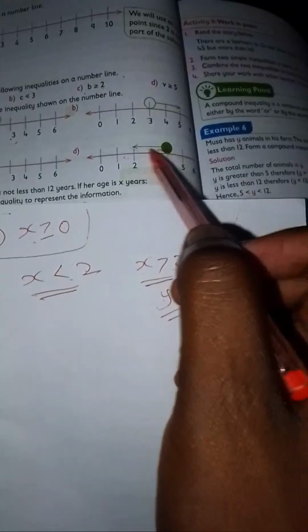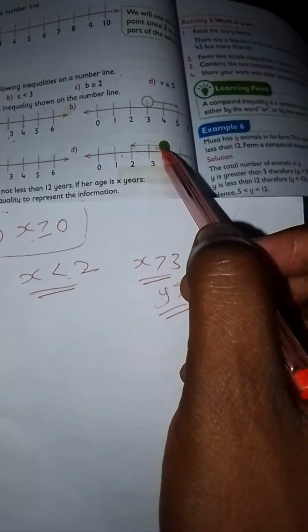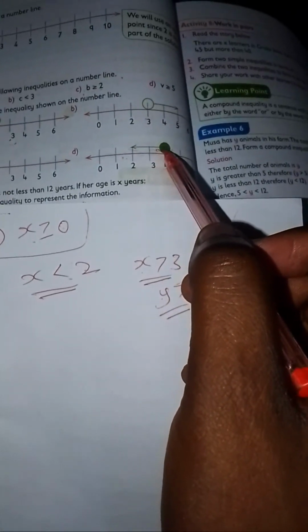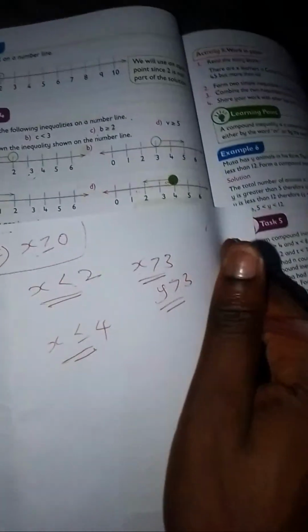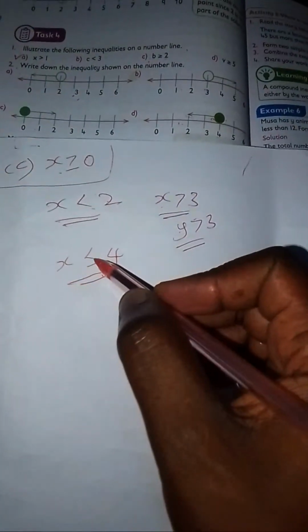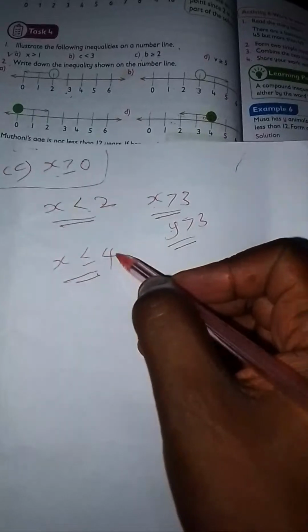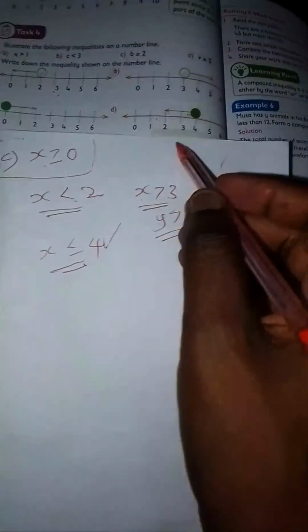Since this one the arrow points towards the left, the answer is less than or equals to. So you can say the answer is x is less than or equals to 4.